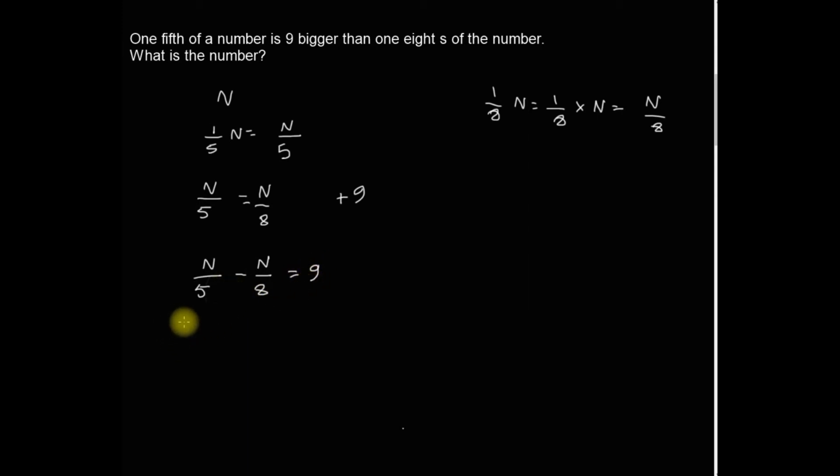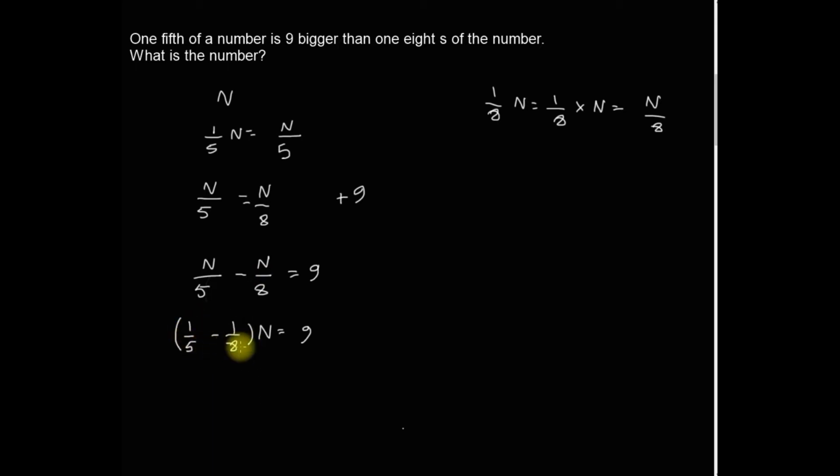Now this I can write, combining the fractions, as 1 over 5 minus 1 over 8 of n is equal to 9. So 1/5 of n minus 1/8 of n becomes like this.